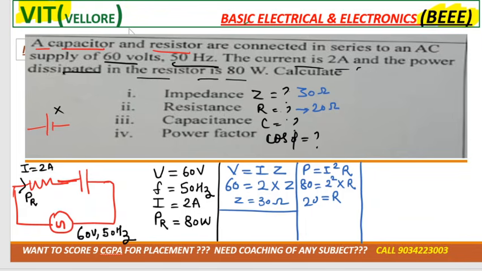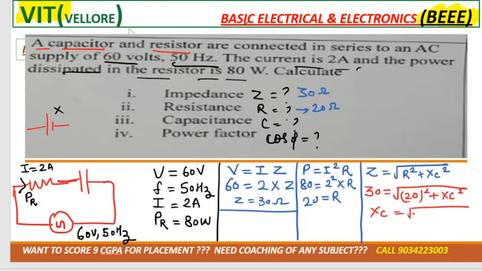Next is the capacitor. You know the formula Z is equal to root of R square plus XC square, right? Do you know Z? 30. Do you know R? 20. So Z square is R square plus XC square. Can you calculate XC?